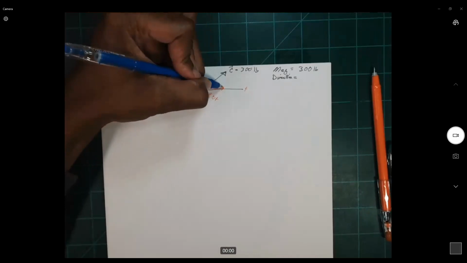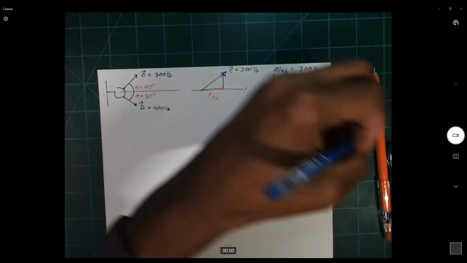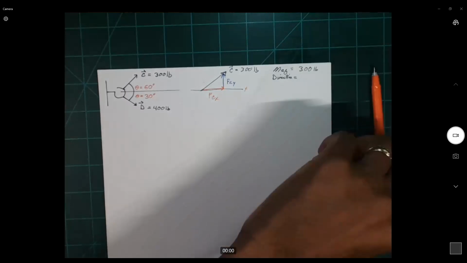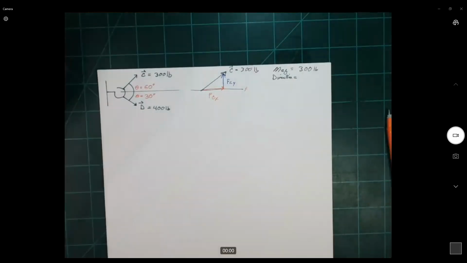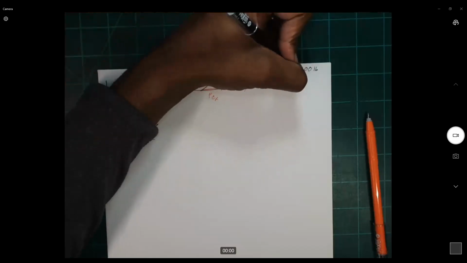We'll say this is component force Cy. We'll say our direction is to the right and up.